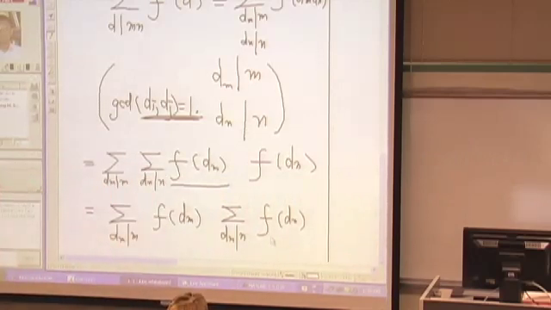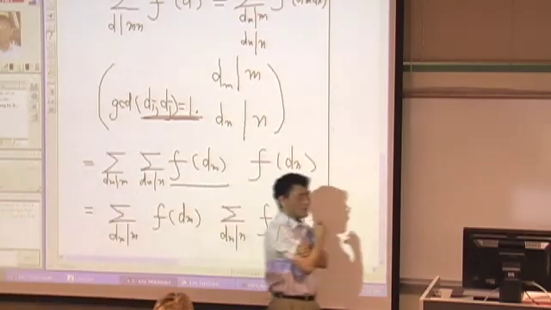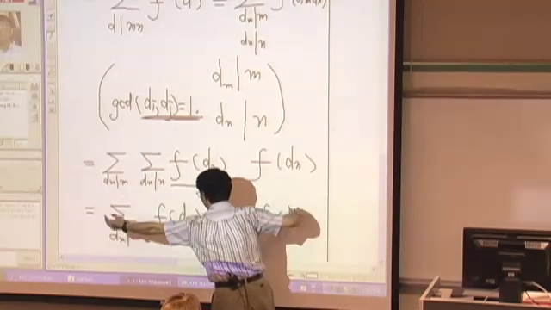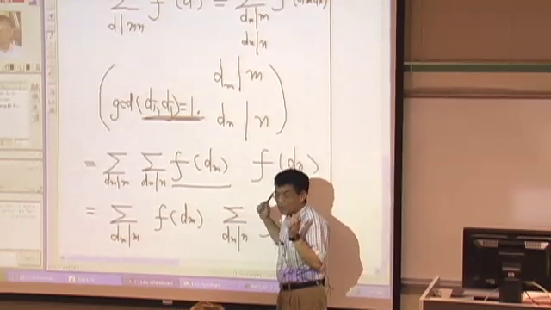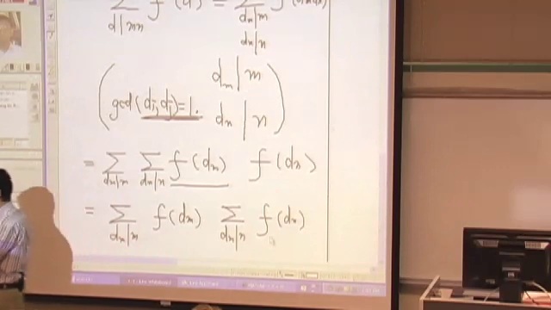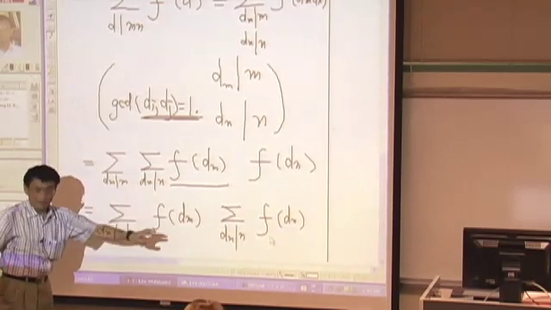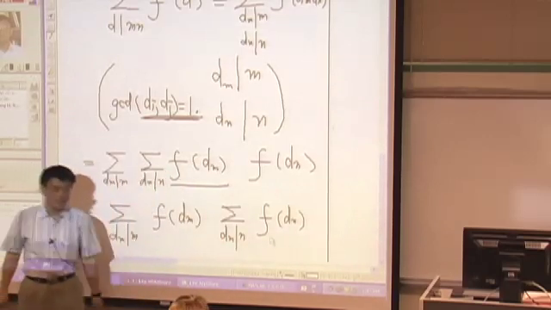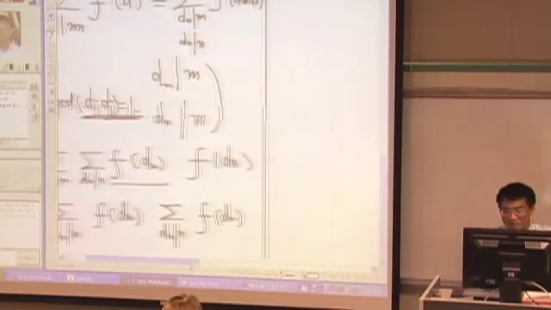When the function is multiplicative, then the sum is also multiplicative. We can split the sum into two separate parts, handling m and n. So when you have a multiplicative function and we want to handle the sum, we can just decompose it into the m sum and the n sum. This is the key. You will see the importance of the key in the following proof. Unless you have a question, I will continue.